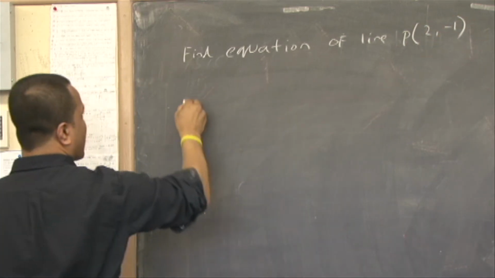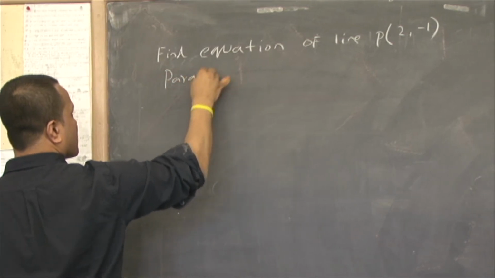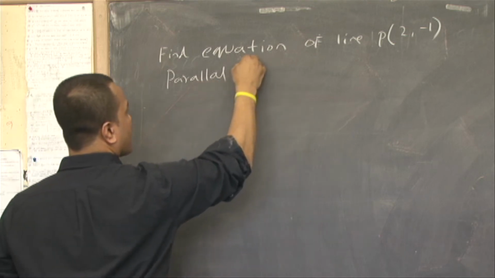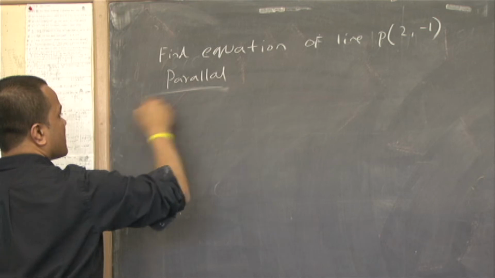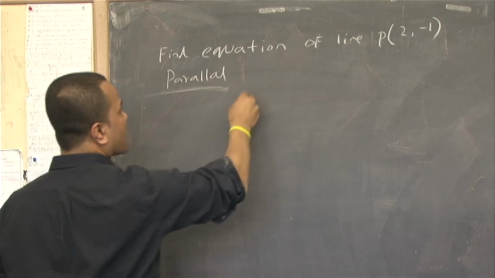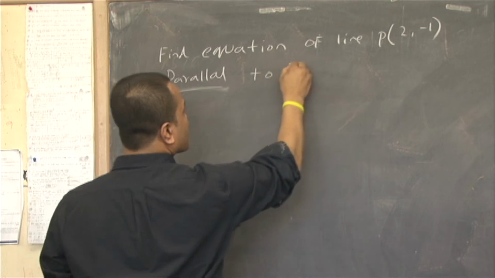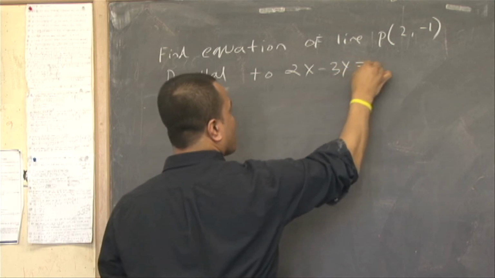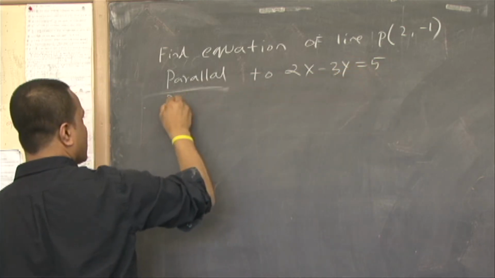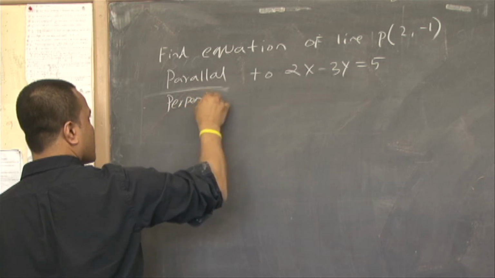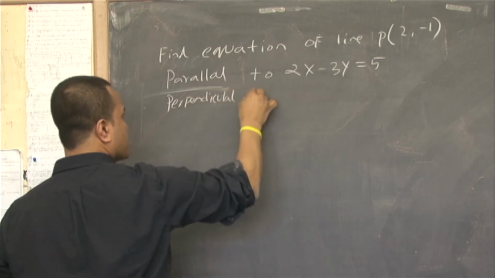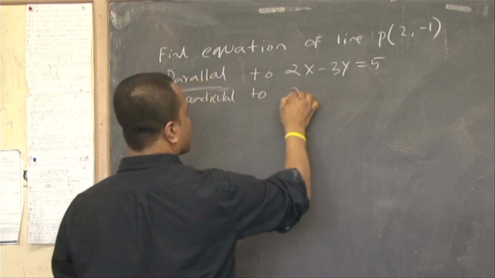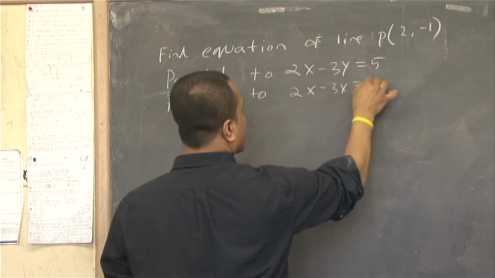This is parallel, which is parallel to 2x minus 3y equal to 5, and perpendicular to, what can we write? Let's write the same thing: 2x minus 3y equal to 5.